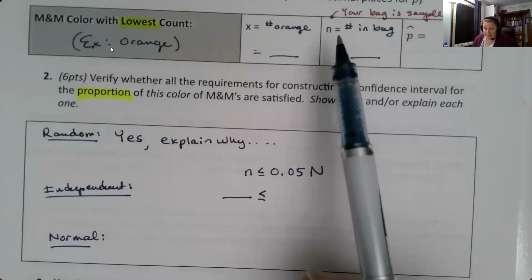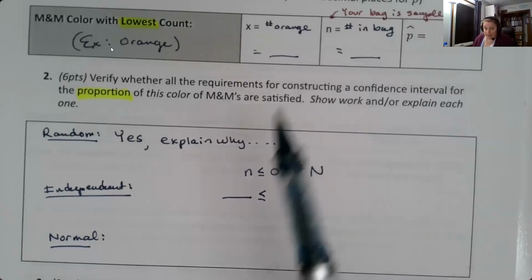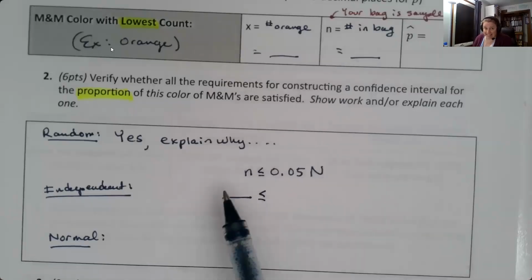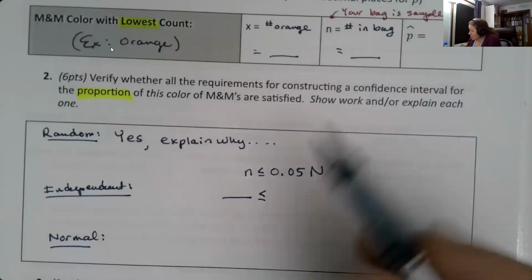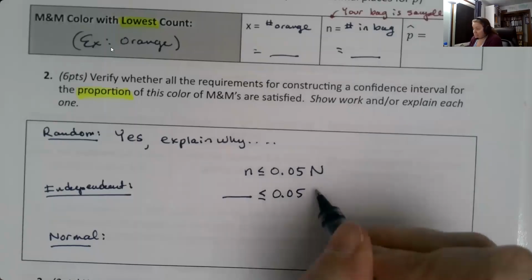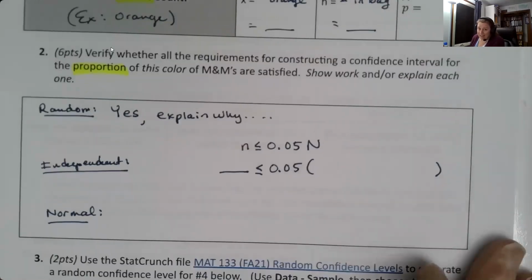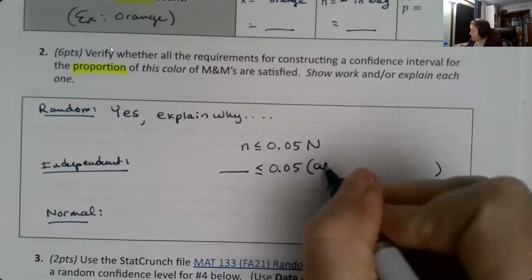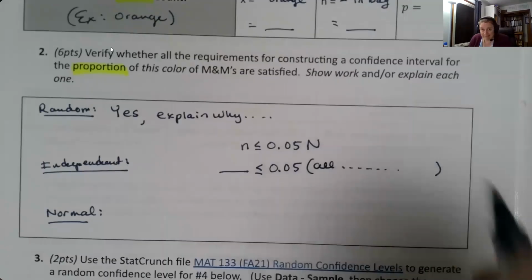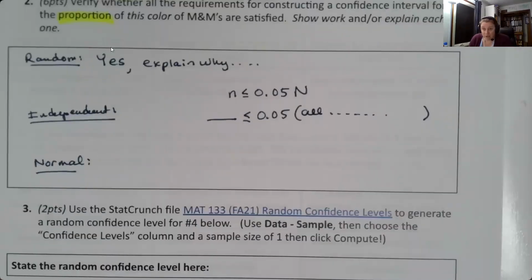That's your little n. Put it right down here. Okay? 0.05, capital N, we don't know. And that happens a lot. We've already run into this several times. You start with the word all and you keep going, right? That's what you're going to do.